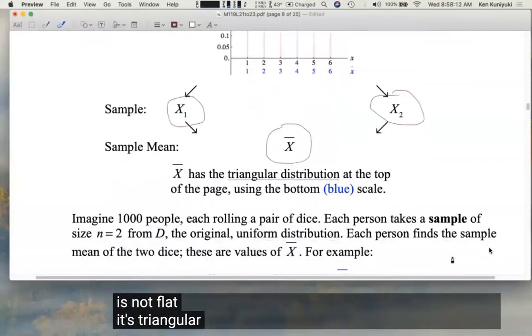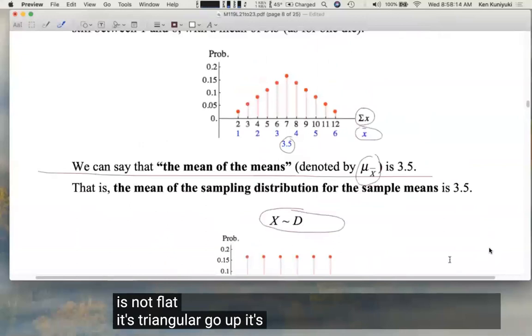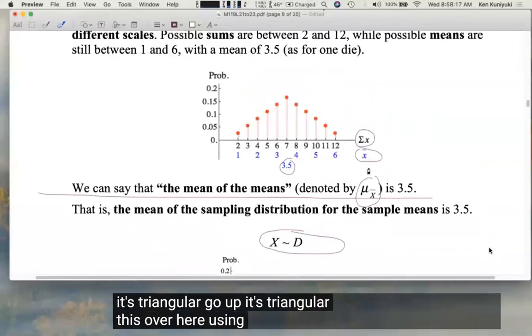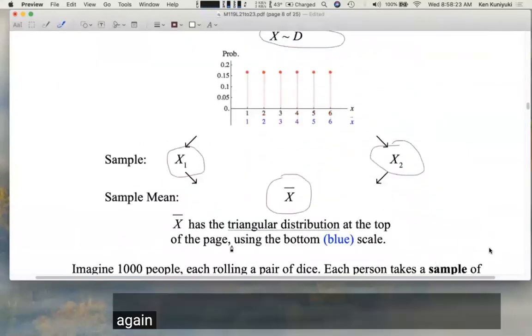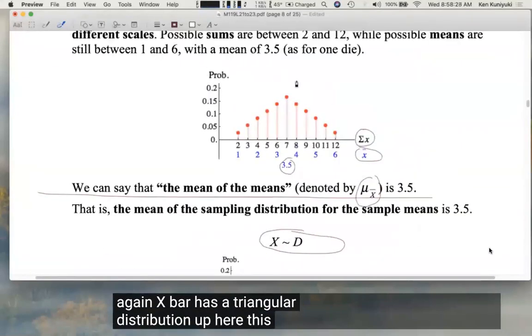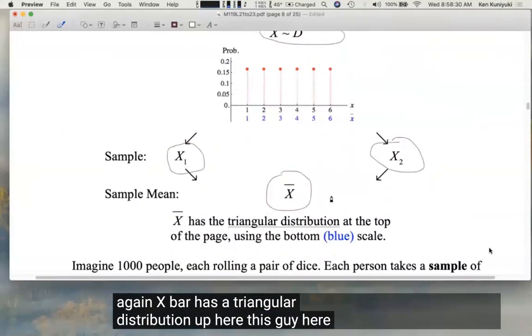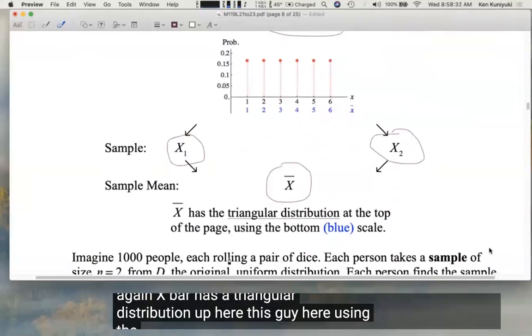It's triangular. It was this over here, using this blue scale as the scale for x bar, the sample means. Again, x bar has a triangular distribution up here, using the bottom scale, the blue scale.